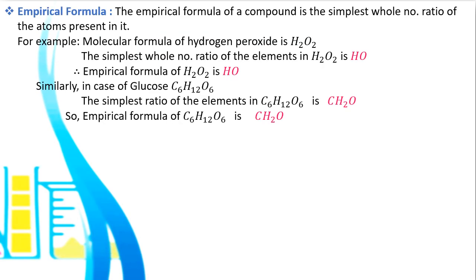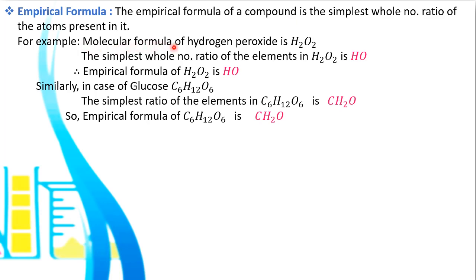Empirical formula. The empirical formula of a compound is the simplest whole number ratio of the atoms present in it. That means the simplest whole number ratio of the atoms that is present in a compound. It will be clear by this example.